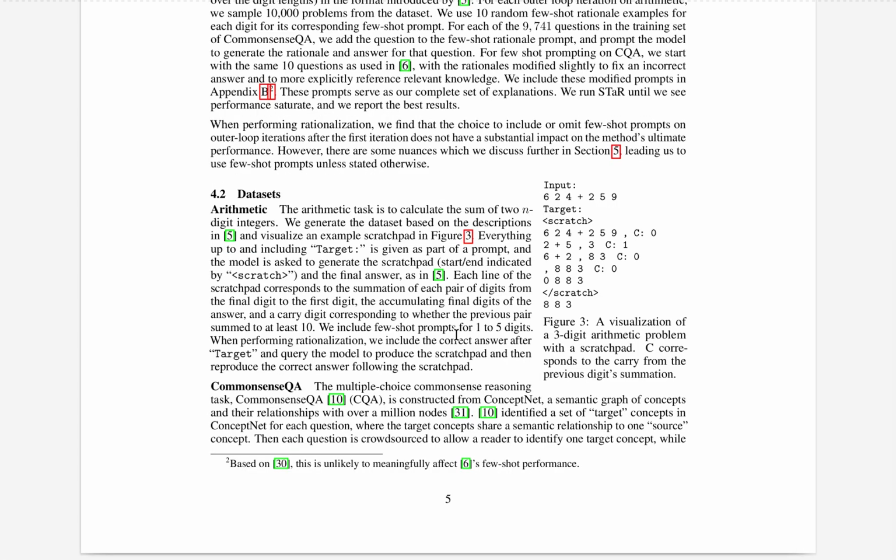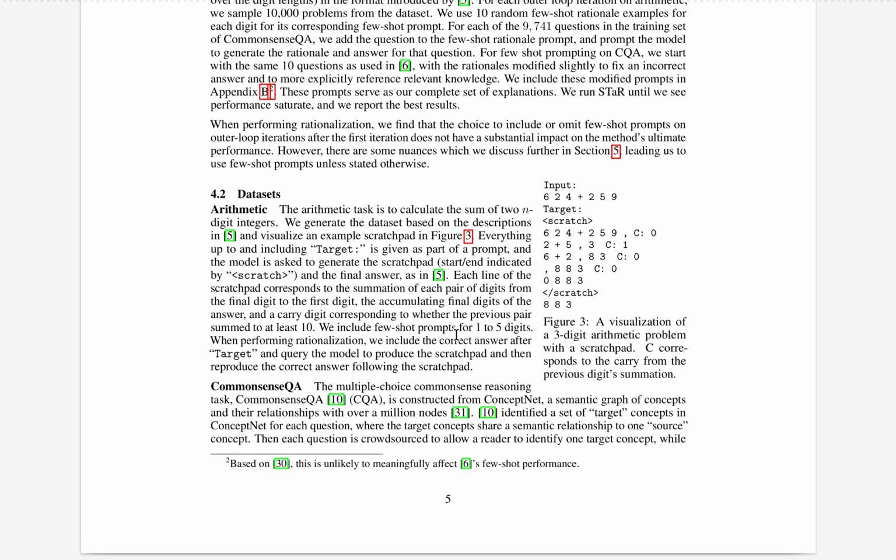4.2 Datasets. Arithmetic. The arithmetic task is to calculate the sum of two n-digit integers. We generate the dataset based on the description in 5 and visualize an example scratchpad in Figure 3. Everything up to and including target is given as part of a prompt, and the model is asked to generate the scratchpad, starting after scratch, and the final answer as in 5.